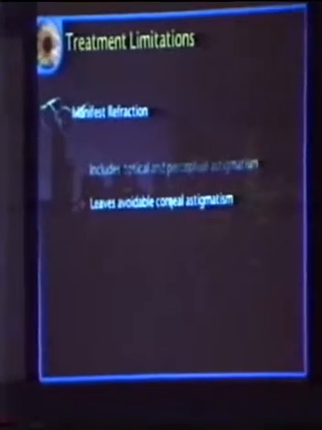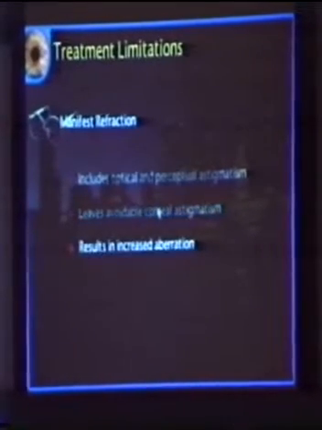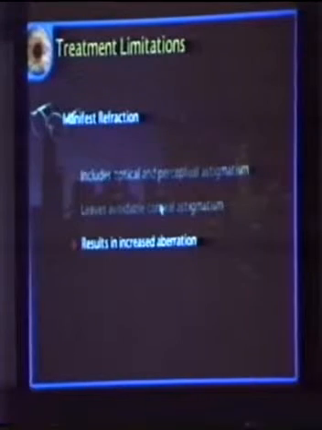Manifest refraction, well, its advantage is it includes the optical and the perceptual level of astigmatism, but it leaves avoidable corneal astigmatism remaining, and as a result, we can end up with increased aberrations as a result of this astigmatism.